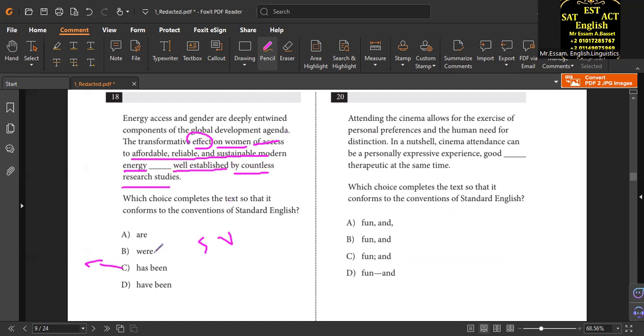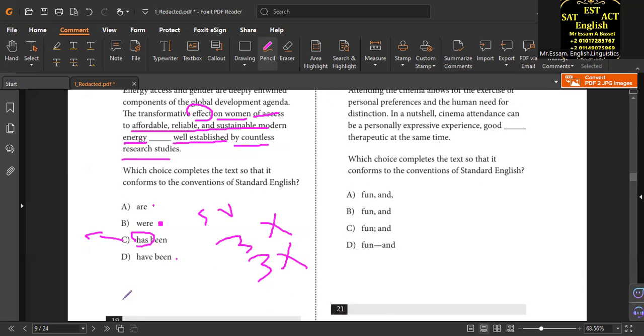So effect is singular, so the verb must be singular. And sometimes you can follow the hacks if it's difficult. Plural, plural, plural, three plural, wrong. Three singular, wrong. But always remember to find the subject and the verb quickly, delete the phrases, delete the clauses, delete the non-essential, and check the rest of the sentence.